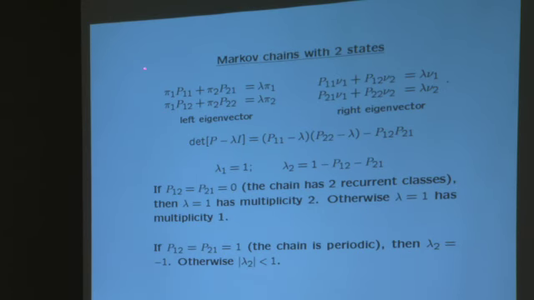This is writing out what we said before. The vector pi times the matrix P is equal to lambda times the vector pi. That covers both of these equations. Since M is only 2, we only have to write things out twice. Same thing for the right eigenvector equation.